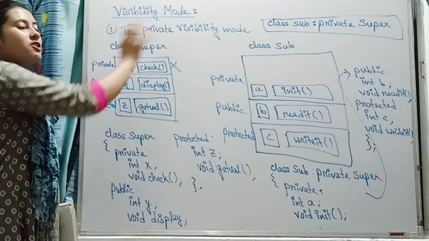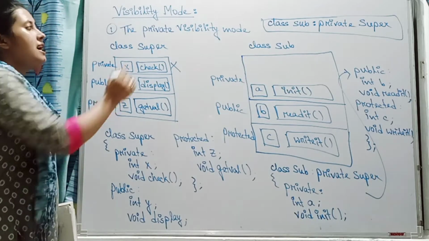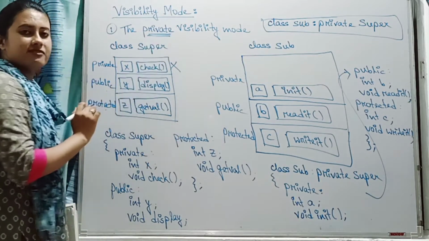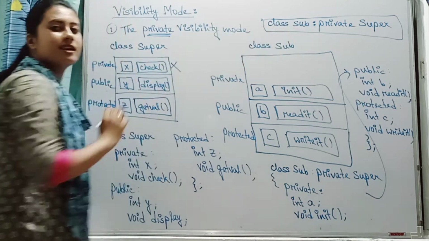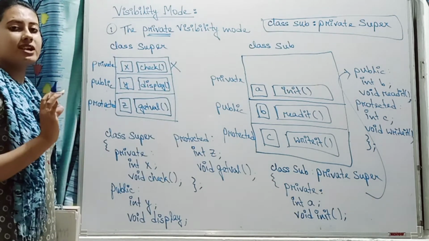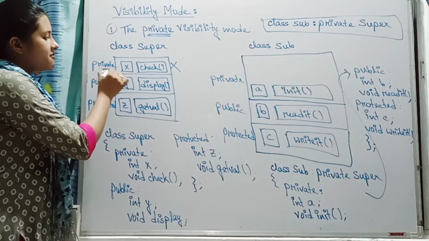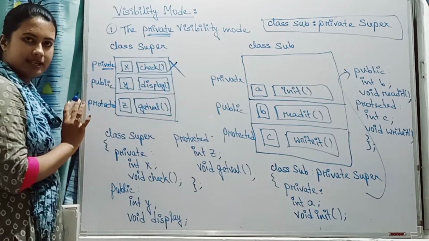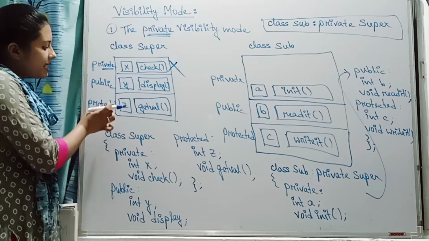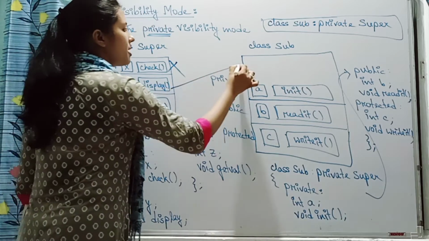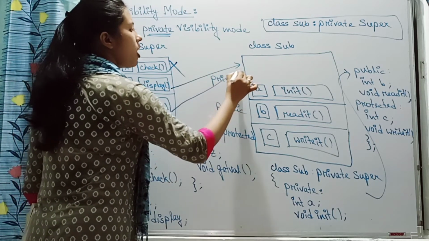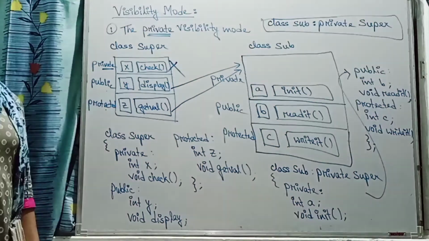Now this is the private derivation, meaning we are deriving the super class privately. So private section data cannot be inherited, that we know.